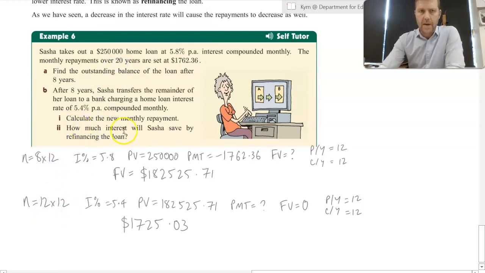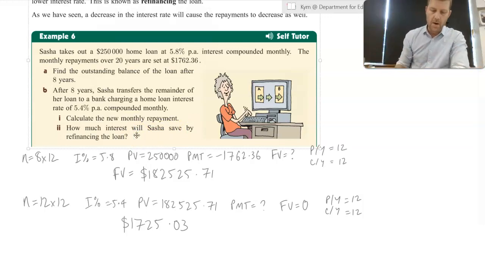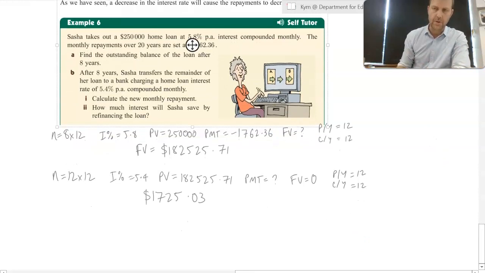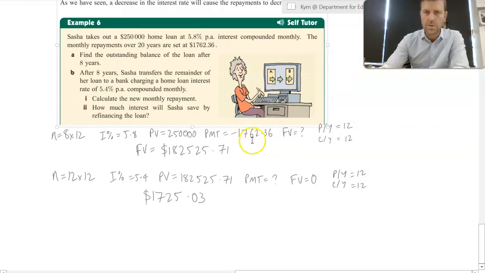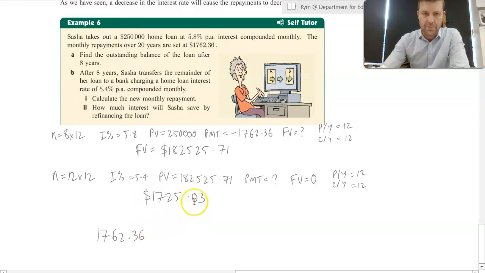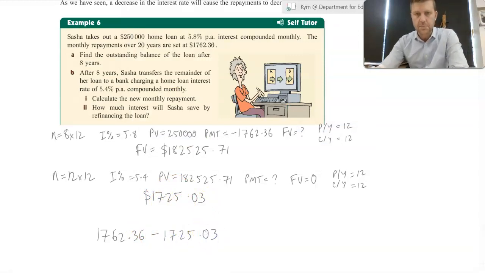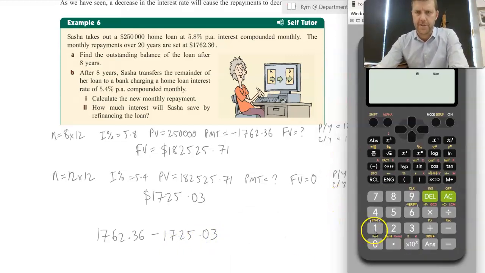So the last part there says, how much interest would Sasha save by refinancing the loan? Look, there are multiple ways to do this. I'm going to take his initial monthly repayment of $1,762.36, and then I'm going to subtract his new monthly repayment of $1,725.03 and work out what that is first.